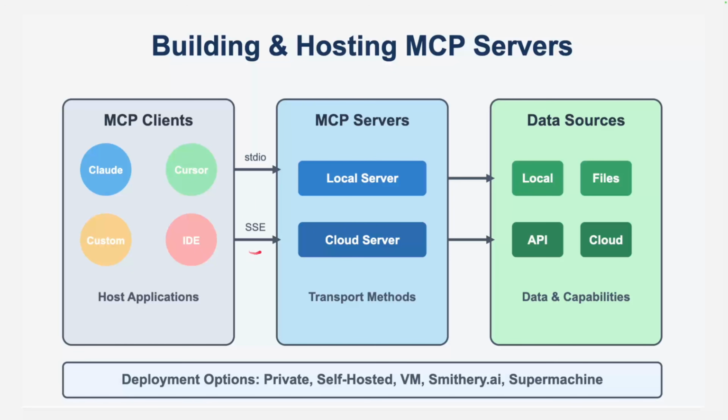If you are using a remote machine, you use SSE or streamable HTTP. So a local machine will use standard I/O, and if it's a cloud server, you use HTTP or SSE. Then from there, the MCP server will be able to access different data sources. You have local files, APIs, or the cloud. And all this is how you build and host your MCP server that you need to be aware of.